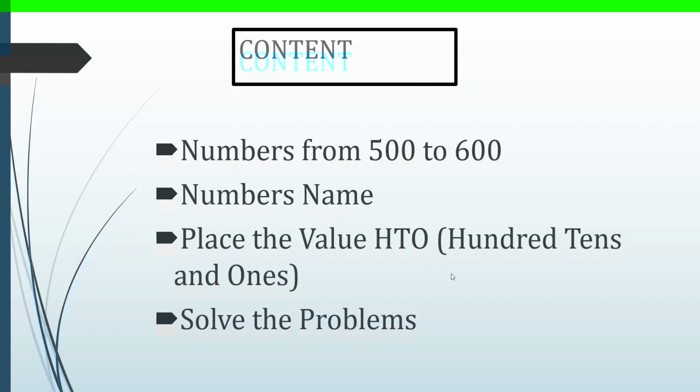H means hundreds, T means tens and O means ones. With that HTO value you can place the particular name. And last, solve the sum problems related to 500 to 600 numbers.